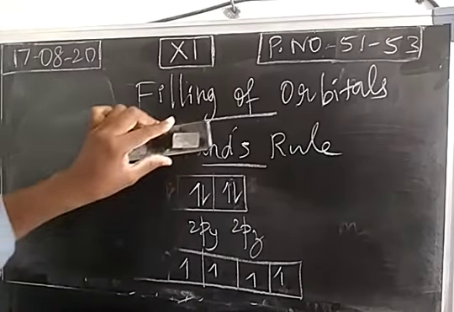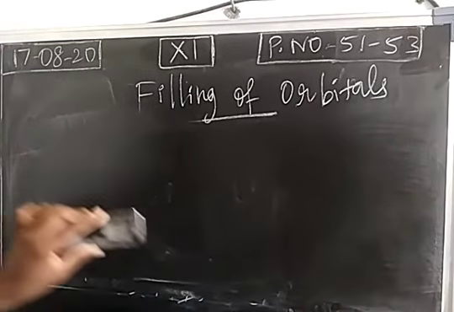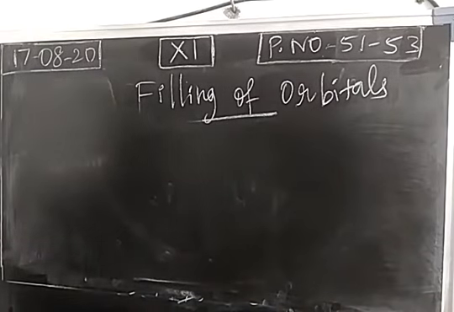Okay. So filling of orbitals means how electrons are filling in the orbitals. We call it electronic configuration or electronic arrangement. This is based on the 3 important principles: Aufbau principle, Pauli exclusion principle, and Hund's rule. Aufbau principle says electrons first occupy lower energy orbitals, then higher energy orbitals. Pauli exclusion principle says 2 electrons can be placed in an orbital, but the 2 electrons cannot have the same all 4 quantum numbers.